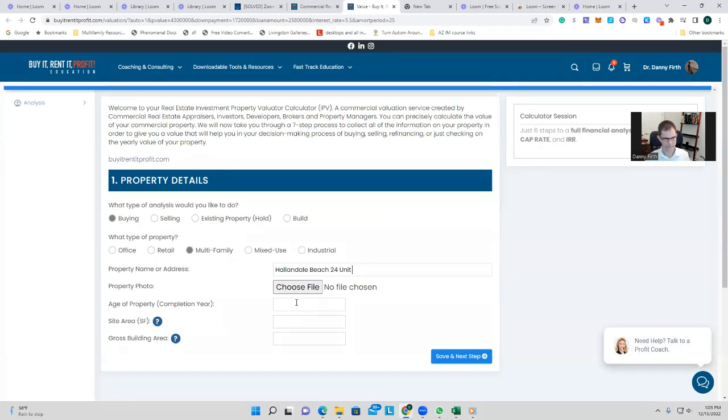And so what you'll see is, if you don't know the age of the property, if you don't know the square footage, you can just leave those blank. And these are something that we actually don't have access to right now, but not super important, especially if you're just screening it.